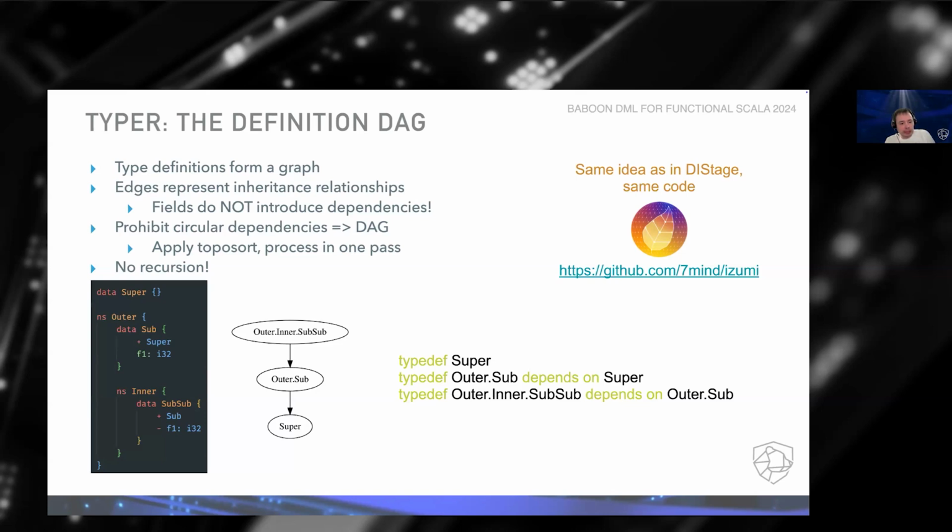This is actually the simplest, the most natural and the most efficient way to process a complex data structure. And it's the same idea upon which our dependency injection framework, distage, is built. And in fact, it even shares the same code.